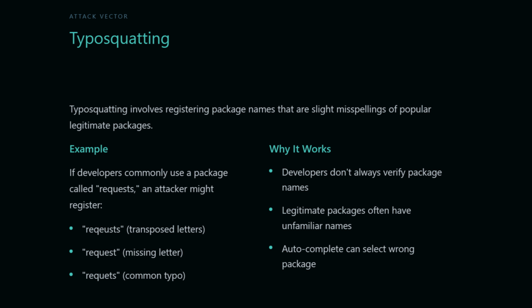For example, if developers commonly use a package called requests, an attacker might register requests or request, hoping that typos will result in installations of their malicious version. Because developers might not carefully verify package names when installing dependencies, and because legitimate packages often have unfamiliar names anyway, typo squatting can successfully compromise developer environments and applications.